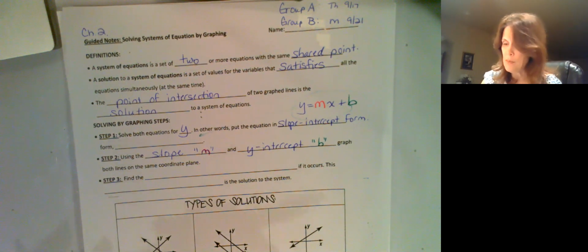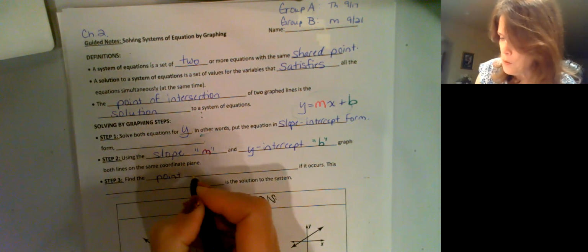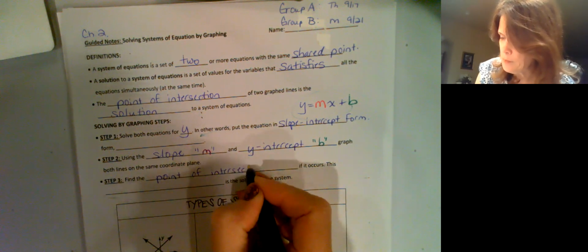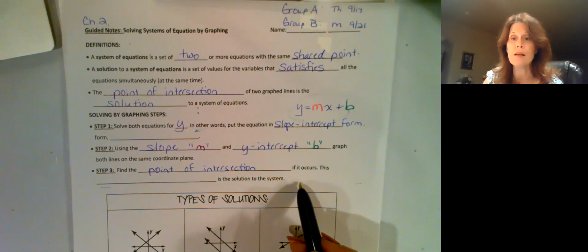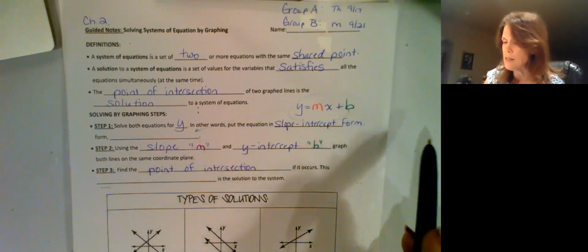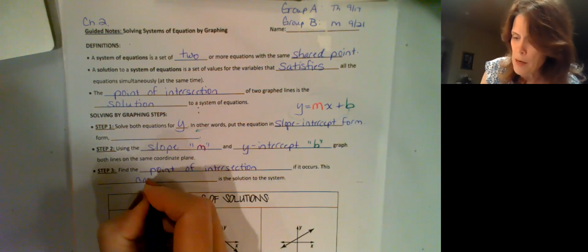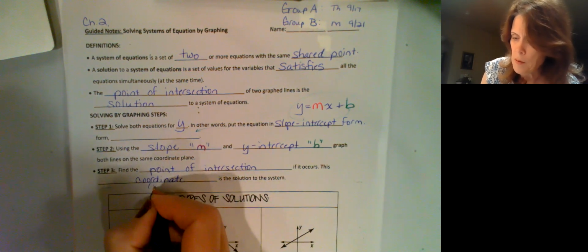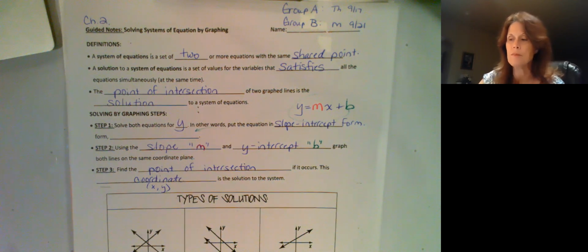And then our last step is just to find that point of intersection, if it occurs, okay? We'll talk about that just here in a second. So this coordinate or ordered pair is the solution to that system, okay?